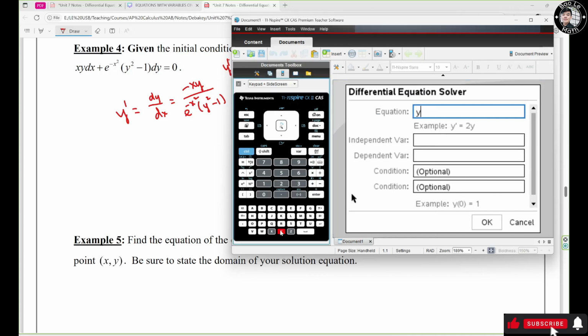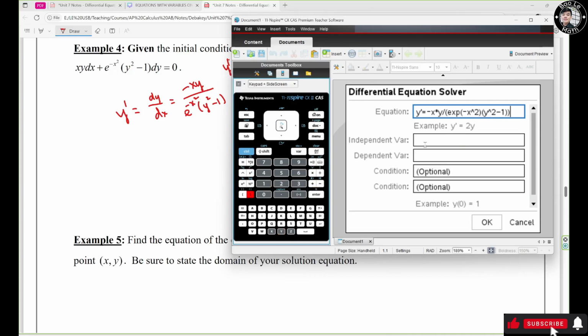So I have y prime equals negative s times y divided by parentheses e to the negative s squared, close parentheses, then open parentheses one more time, y squared minus 1, close parentheses twice.